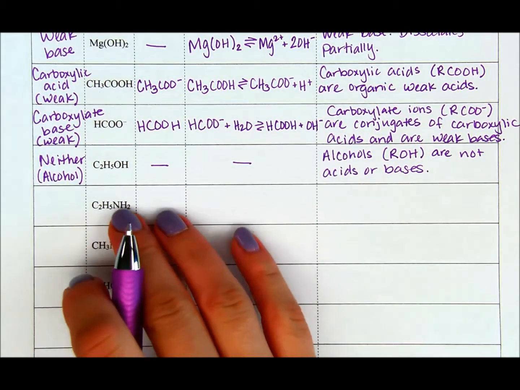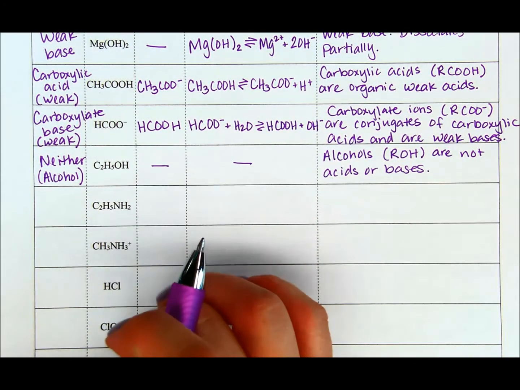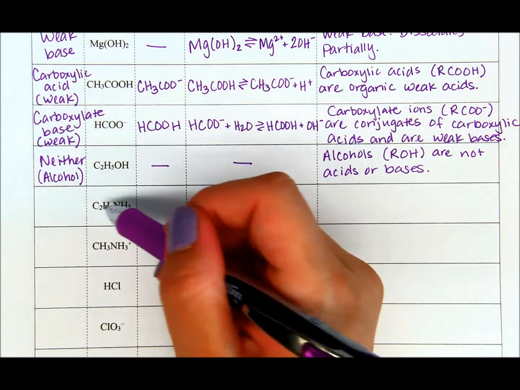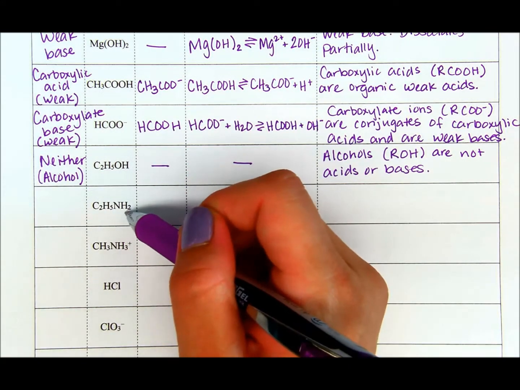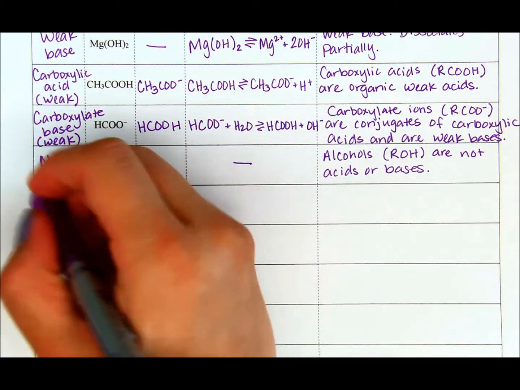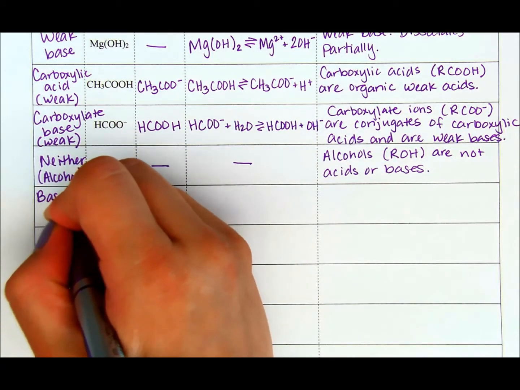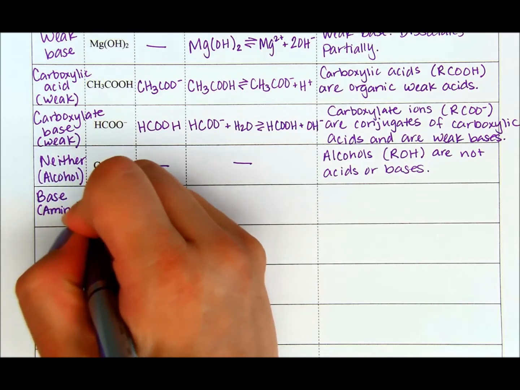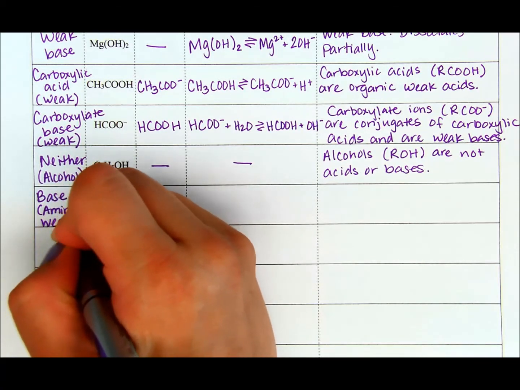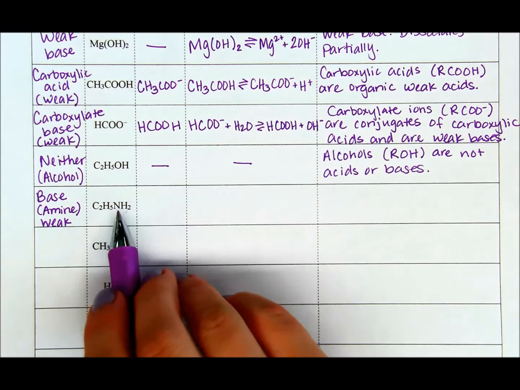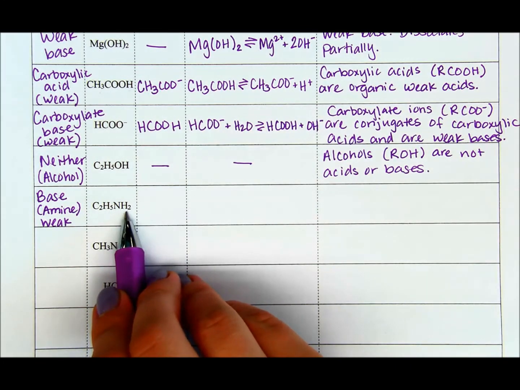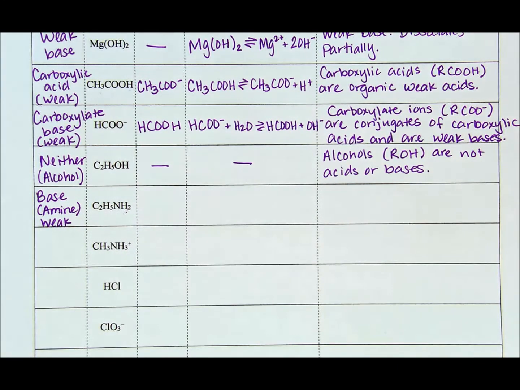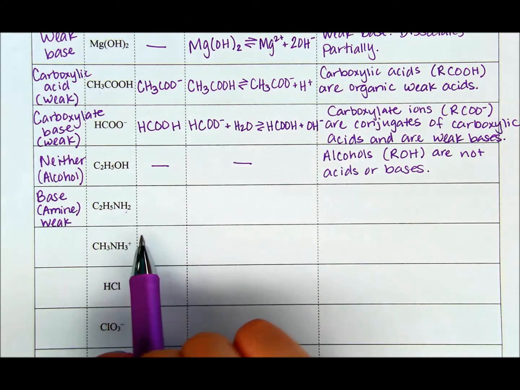Okay, next up in the organic section. So this right here, C2H5NH2, this is a base, and it's called an amine. So it's very weak. It's a base. It's called an amine. And that is weak. The amine refers to the NH2 right here. So the conjugate here, if we know that this is a base, is going to be positively charged.